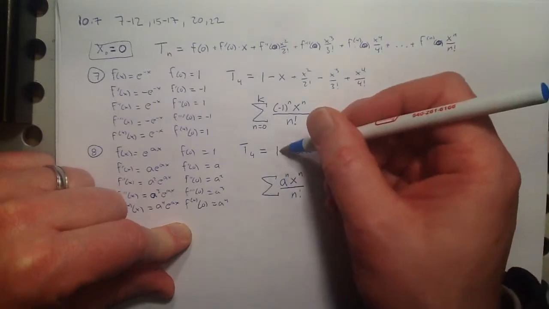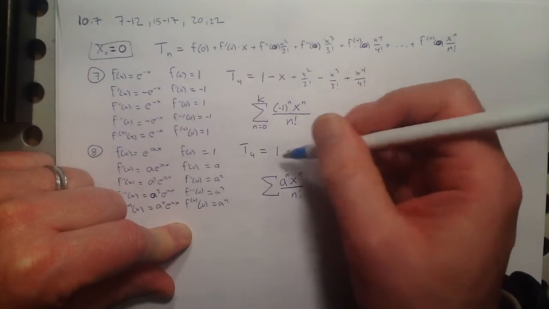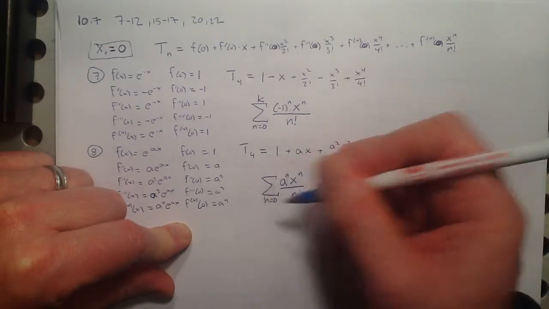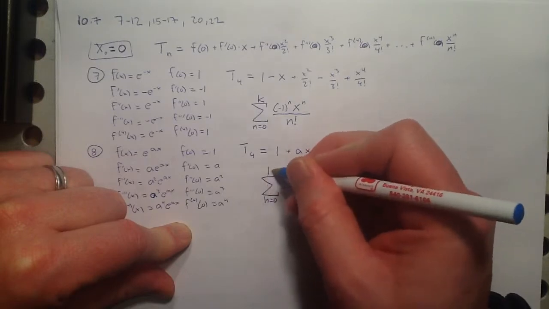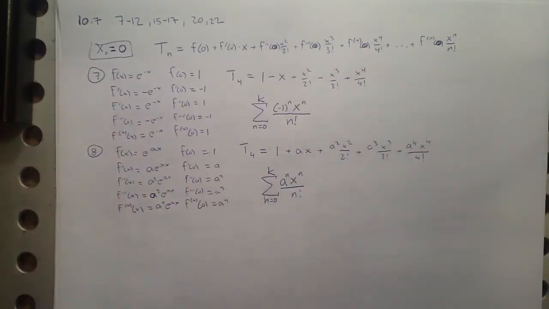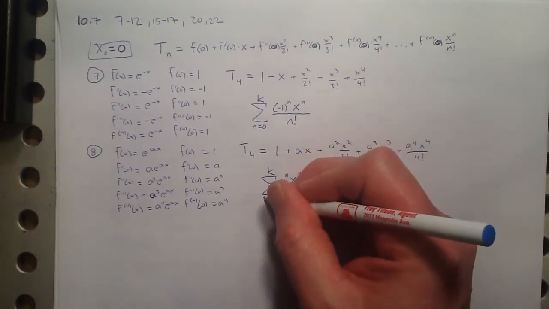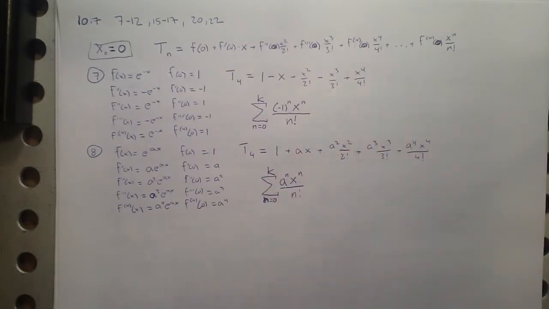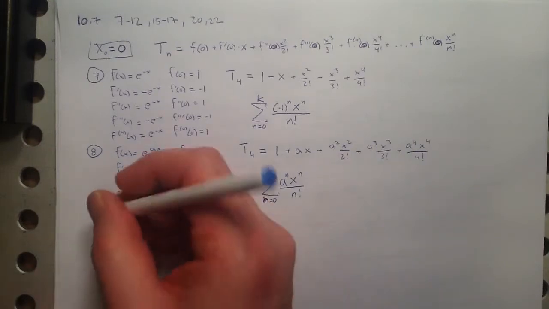And where do I want to start? It looks like I want to start with no x's at all, so I want to start at n equals 0. I guess I'll do up to k again. I just can't use the same letter there. So this is actually for the kth polynomial. And that's what it looks like in summation notation.